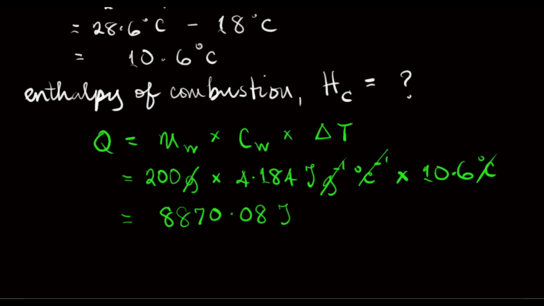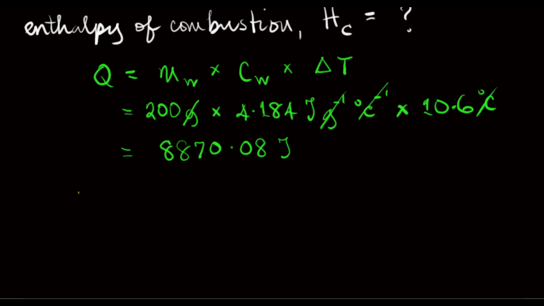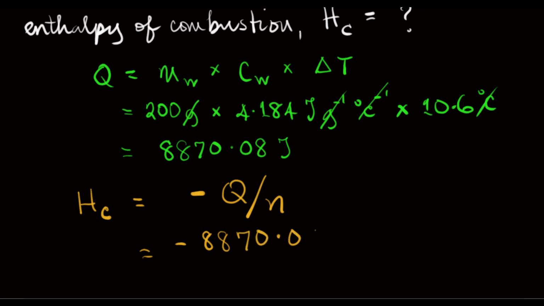giving us 8870.08 joules. Then using ΔHc = -Q/n, we'll substitute the value of Q, that's 8870.08 joules all over the number of moles. Here you don't need to calculate the number of moles because it's already given to us, so just substitute it directly into the formula.